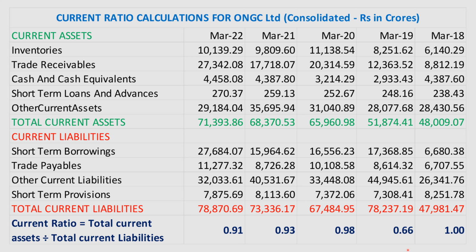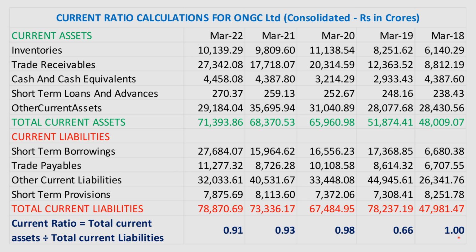If you see the current assets of the company, there is a consistent increase from March 2018, consistently increasing over a period of 5 years. But when you see the current ratio, it is highly fluctuating. Let us see the level of current liabilities during this period. Current liabilities are also increasing, right? For example, in 2018, the current assets of the company increased from 48,000 to 51,874.